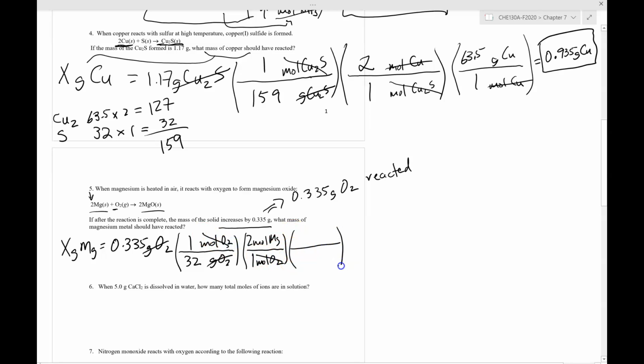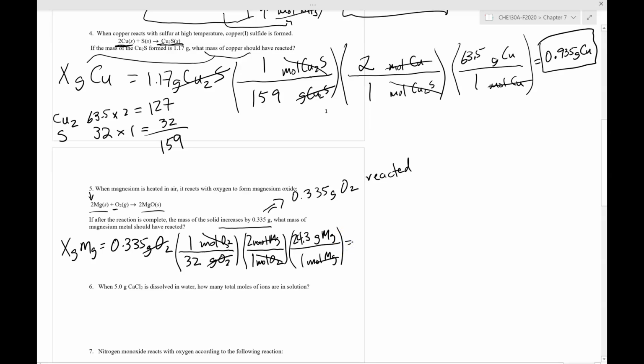Then if I go to the periodic table and look for the atomic weight of magnesium, I find it is 24.3, and that's kind of in the middle, so I'm probably not going to round it off. I'll just call it 24.3. Now I can cancel out moles of magnesium, and I calculate my answer.